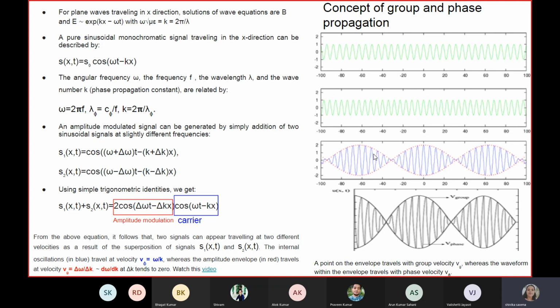Phase is the inside one, the smaller, higher frequency ones, whereas the lower frequency ones are the group propagation. This is represented by the group velocity Vg, that is delta omega upon delta k.